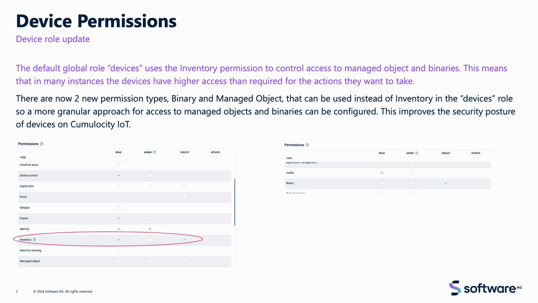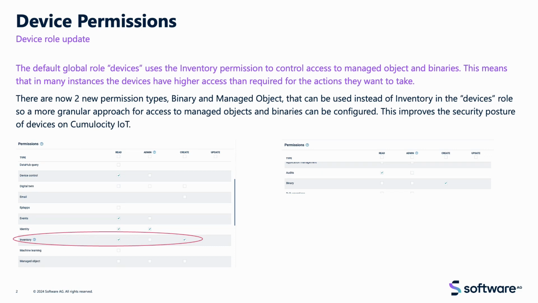And the first of these is around device permissions. The devices role is used for all devices that connect to Cumulocity IoT, and part of the permissions for that devices role provides inventory access for everything in the inventory.